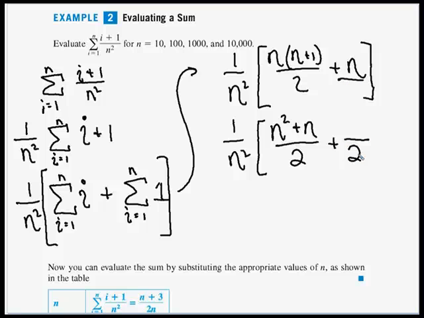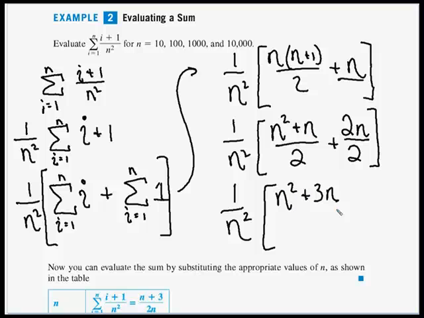If I multiply the denominator by 2, I have to do the top also by 2, so that becomes 2n over 2. Now it all has the same denominator, so I can combine all of that. I'm going to have n squared plus n plus 2n is n squared plus 3n, all over 2.